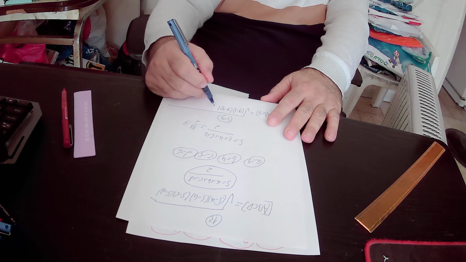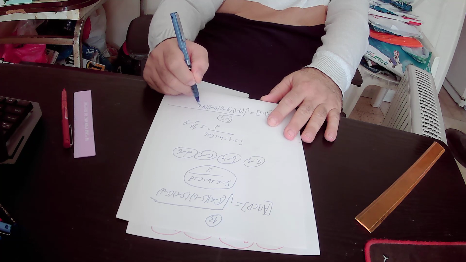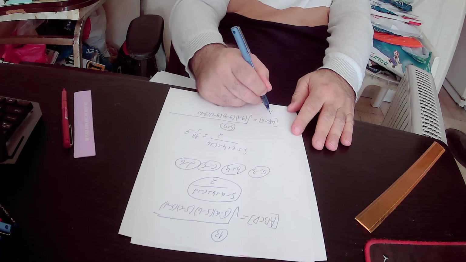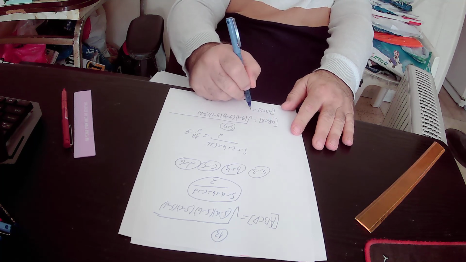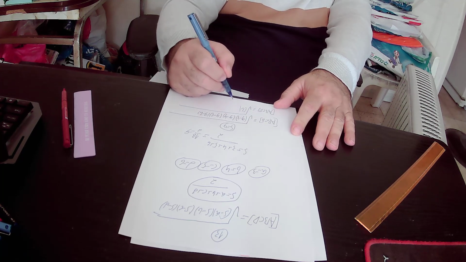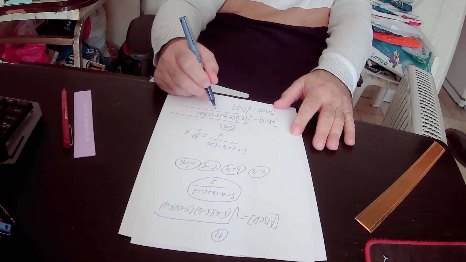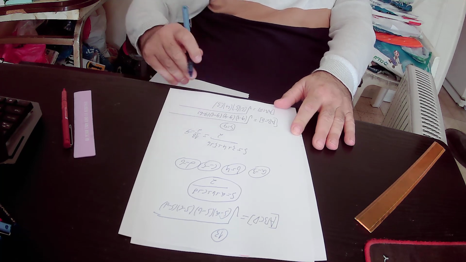S minus C. S is 9 and C is 5, so it is 9 minus 5, times S minus D. S is 9 and D is 6, so it is 9 minus 6. So the area of quadrilateral ABCD will be equal to the root of 9 minus 3 is 6, 9 minus 4 is 5, 9 minus 5 is 4, and 9 minus 6 is 3.